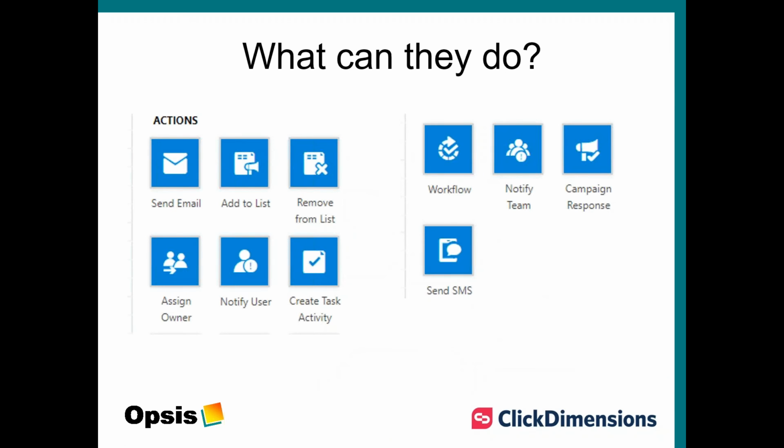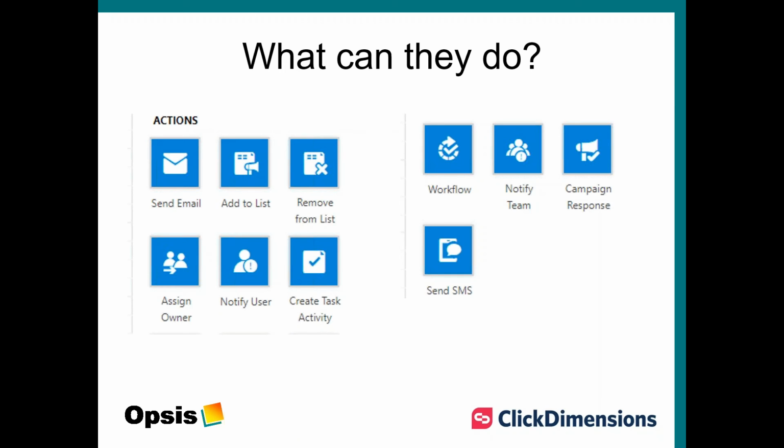Once you've kicked off the automation, these are the different actions that can happen on autopilot. So we can send them an email, we can add them to a list, we can remove them from a list, we can tell a user that something has happened, we can create a task activity for a user so they get an appropriate follow-up. We can assign them an owner.